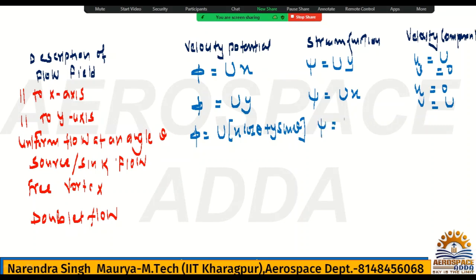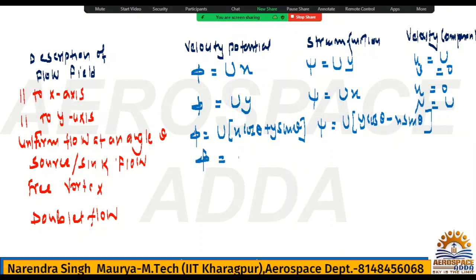Psi is U y cos theta minus x sin theta. Velocity component you can write on your own, simple only, because both components will come. One will be cos and one will be sin. So u will be U cos theta and v will be U sin theta. Okay.